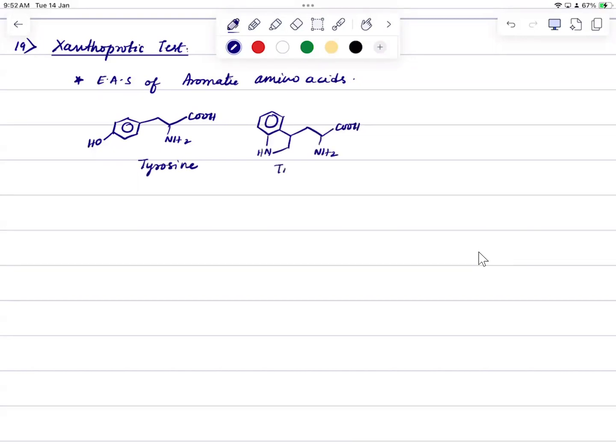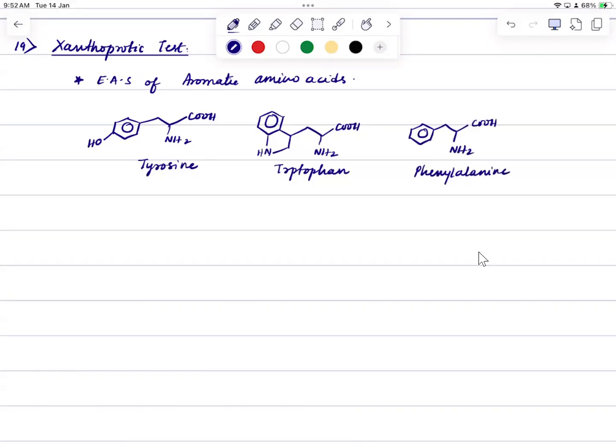Clear? This is tryptophan. And lastly, we have phenylalanine, with COOH and NH2. This is phenylalanine.